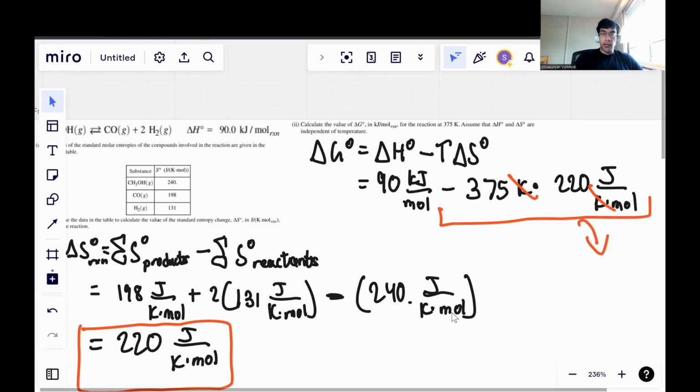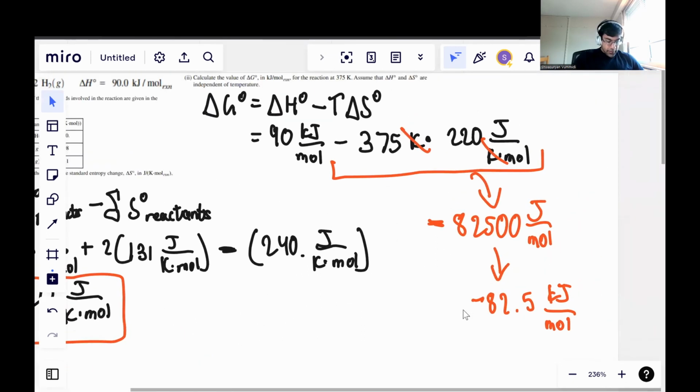So just multiply the 375 by the 220, and we get negative 82,500 joules per mole, which is nothing more than negative 82.5 kilojoules per mole if we divide by 1,000.